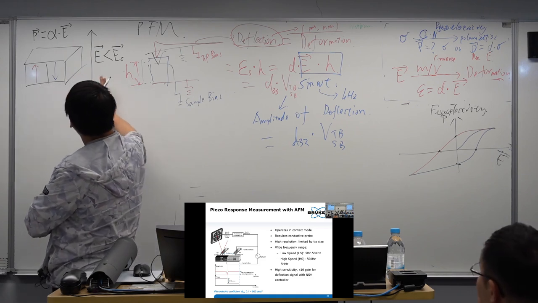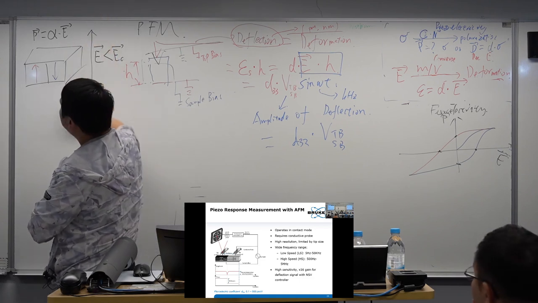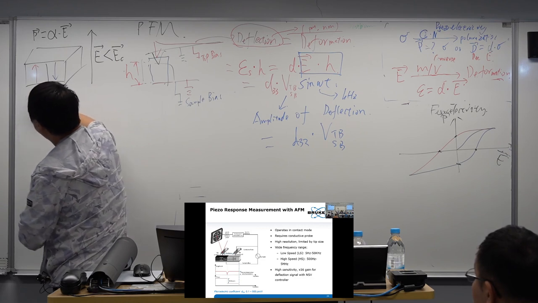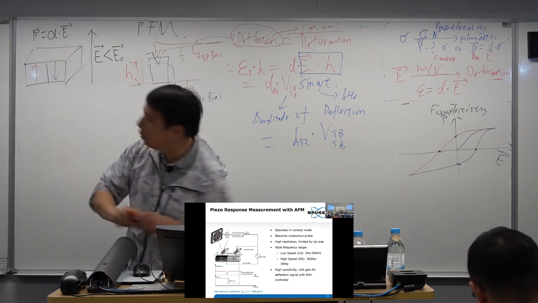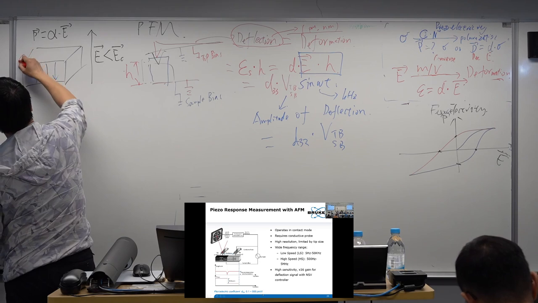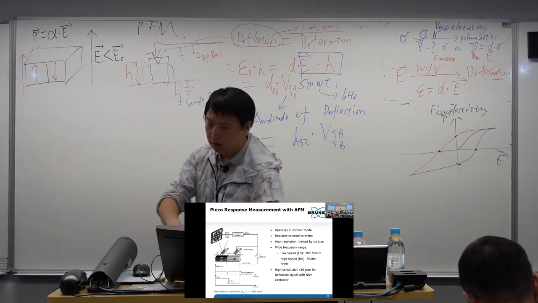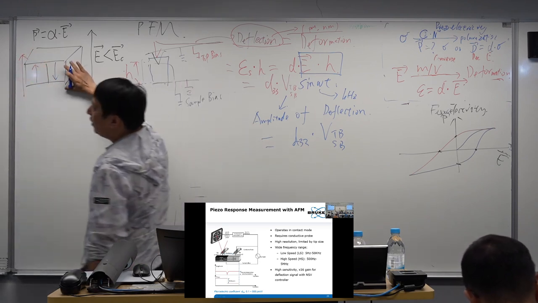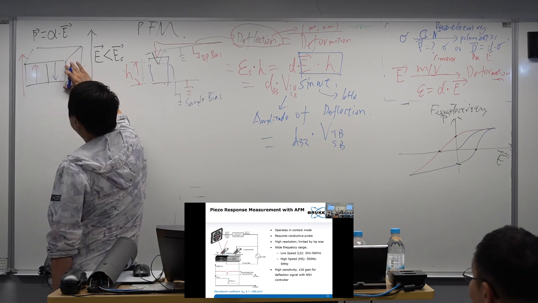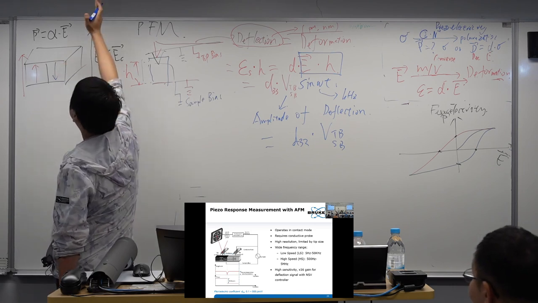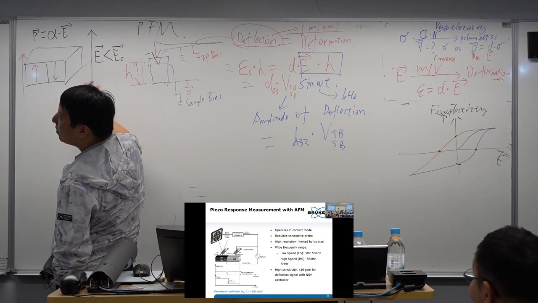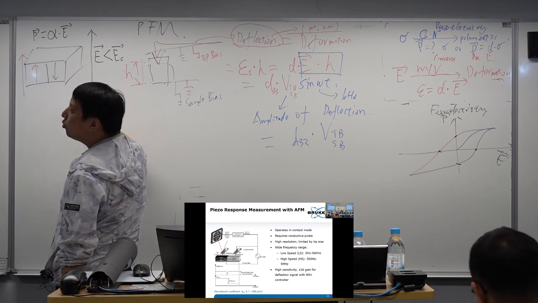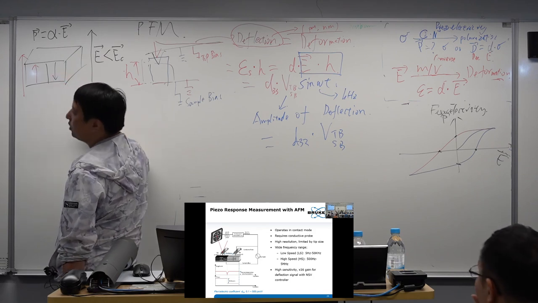For this one, if I increase the electric field, the polarization will increase. But for this one facing down, I apply the opposite direction, so I would shrink the polarization.